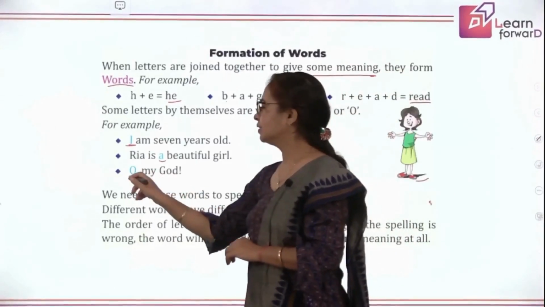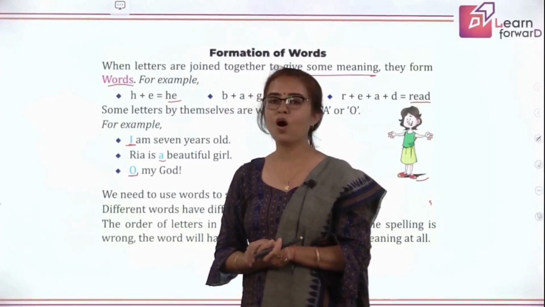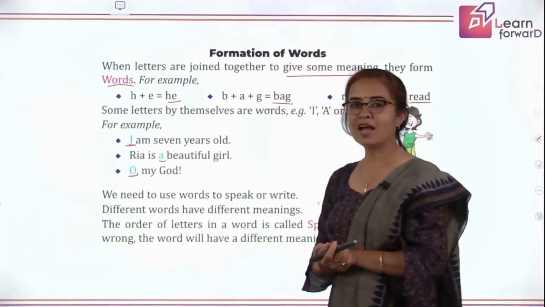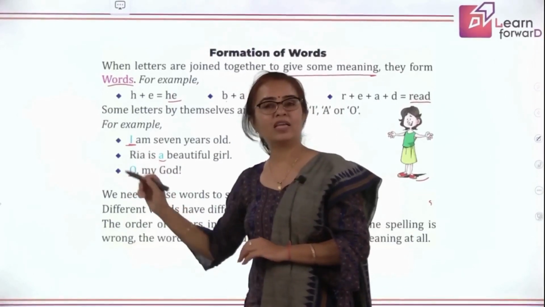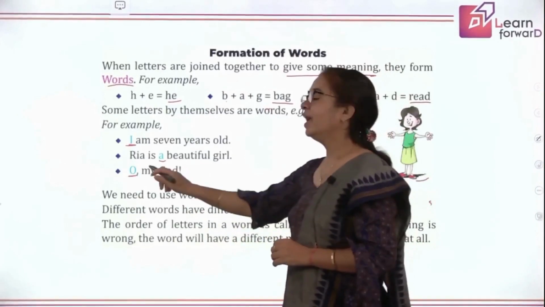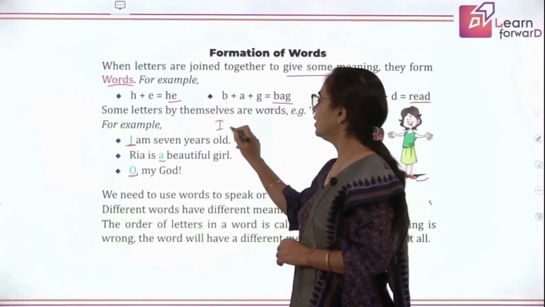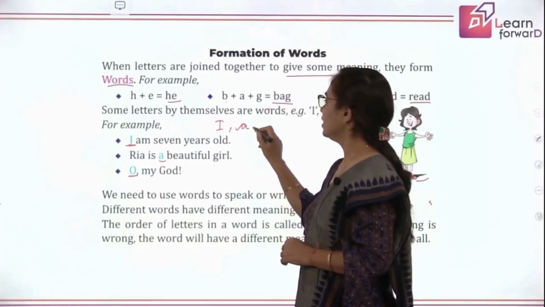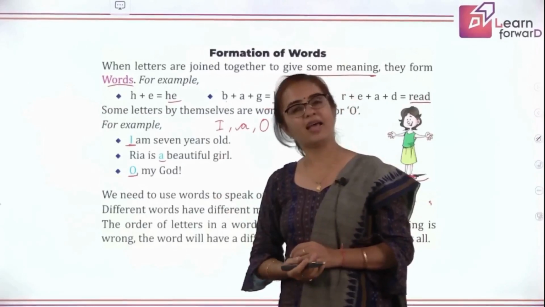And then the third letter is O. Oh my God. So what's that? Here in this sentence, the letter O is again used as a word. So that is another letter. So we have got 3 letters in the English alphabet that are used as words.